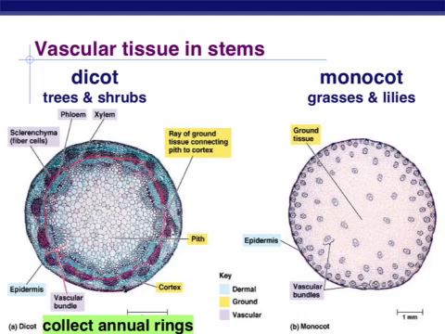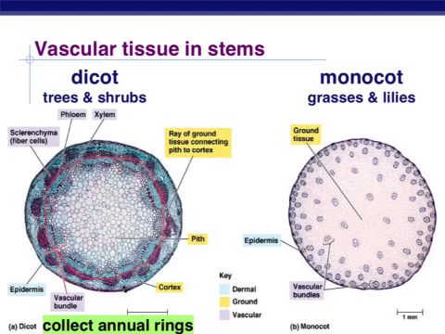So it forms a circle almost on the outside perimeter of your actual plant. The middle part is this region that we call the pith. And your vascular bundles in a dicot are arranged in a very specific way. You have your xylem closer to the inside, and then your phloem on the outside of the xylem, I should say.